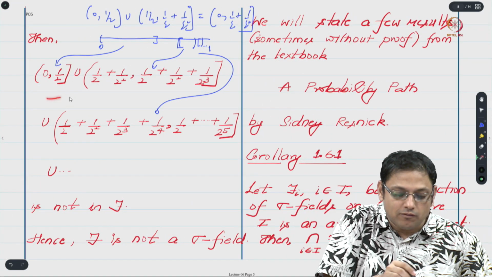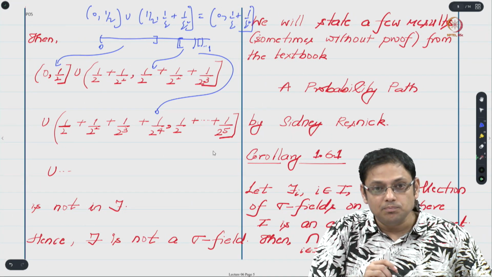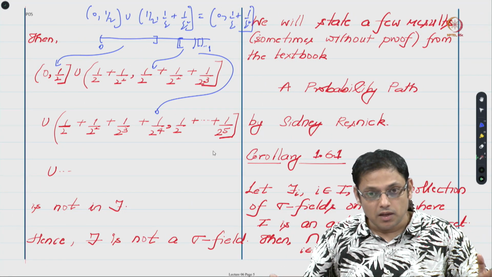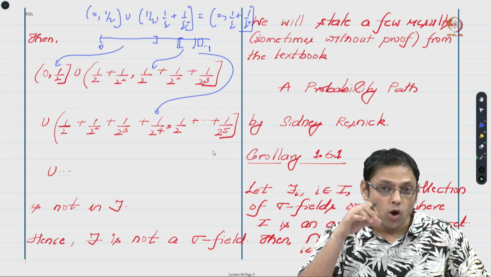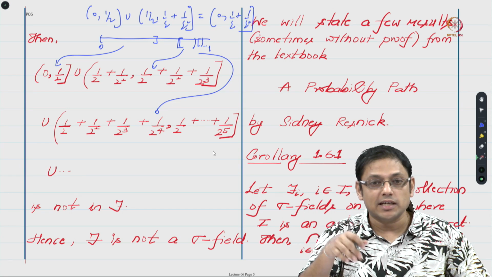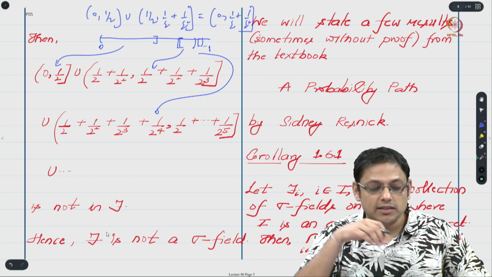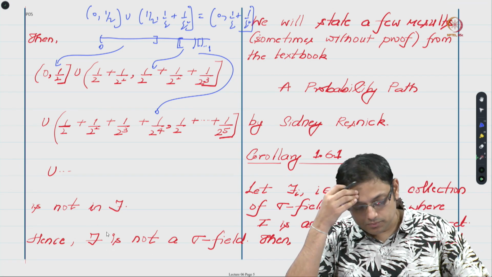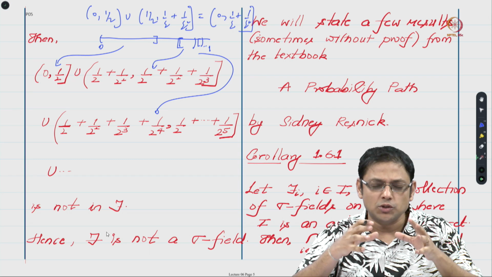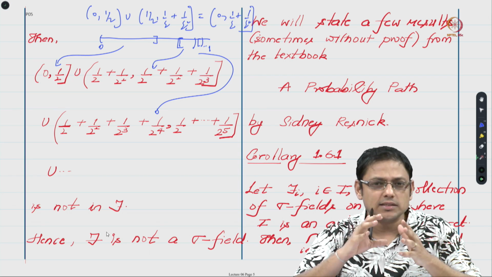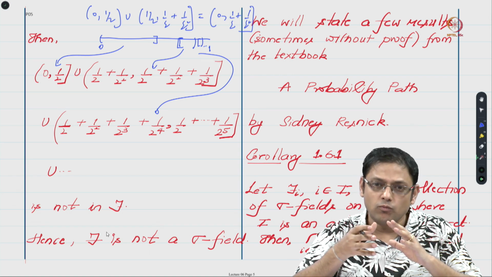On the other hand, we have now cooked up an example of a countable union wherein each element belongs to f, but their countable union does not belong to f, and hence this f that we are looking at is not a sigma field. Is this okay?